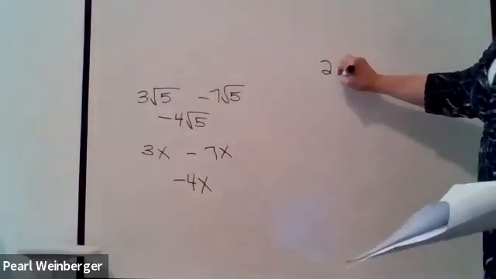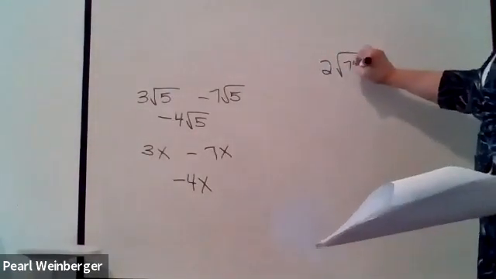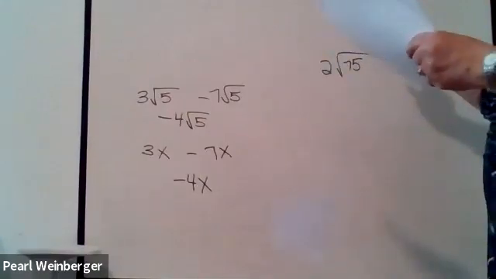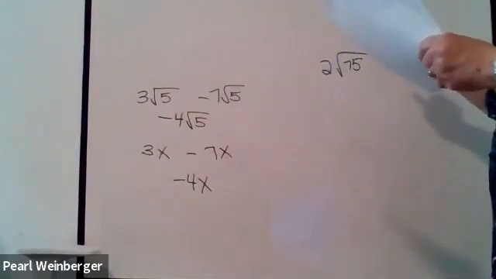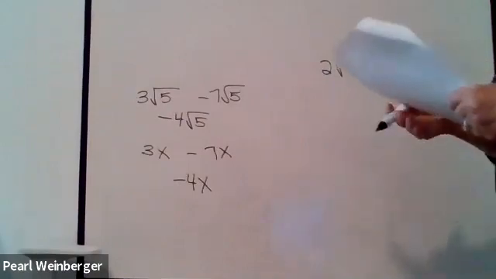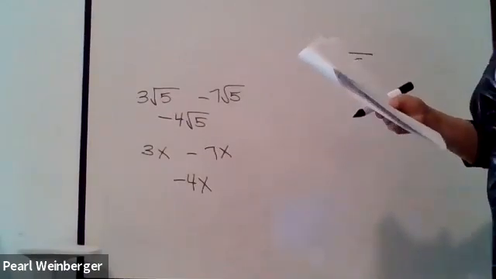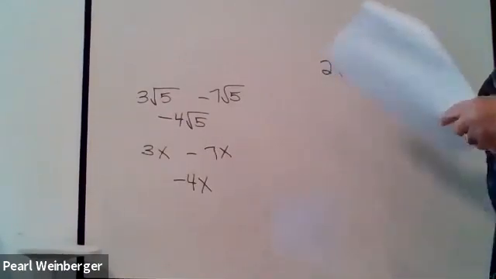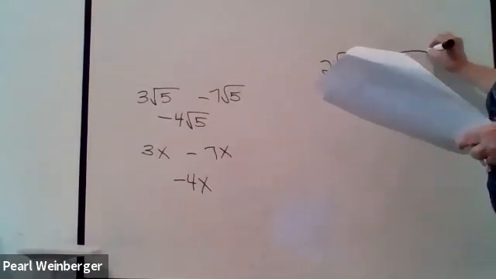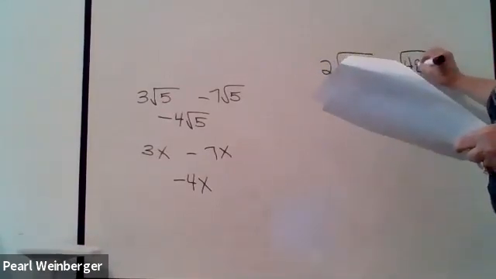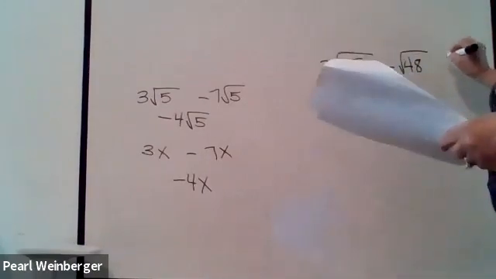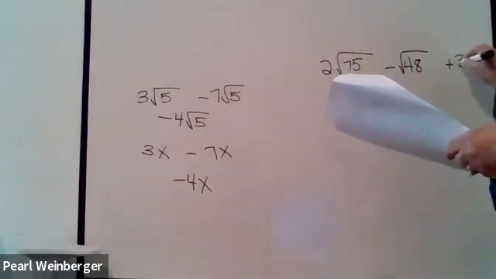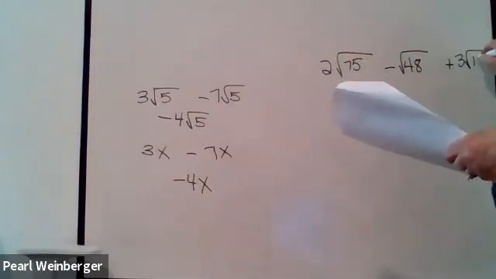Two times radical 75, minus radical 48, plus 3 radical 12.